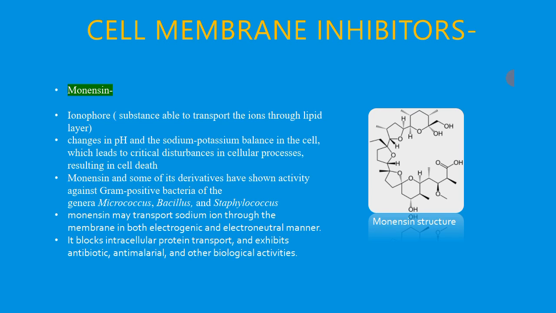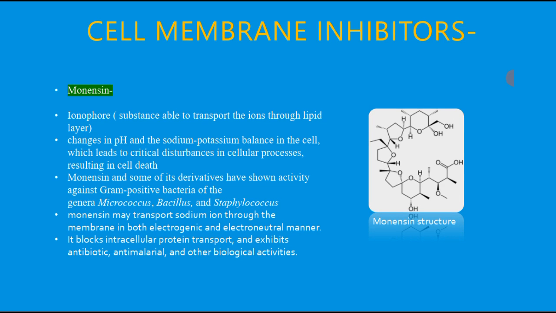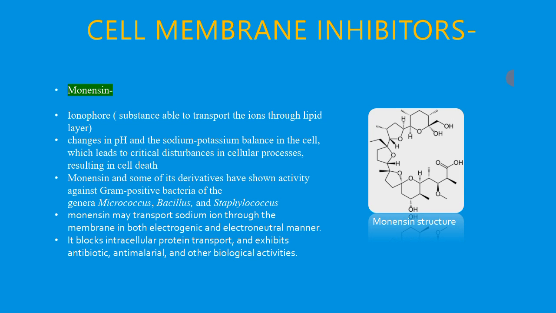Okay, it also has anti-malarial activity, it can be used against malaria. All right, this is the mode of action of monensin, an antimicrobial agent which comes under the cell membrane inhibitors.